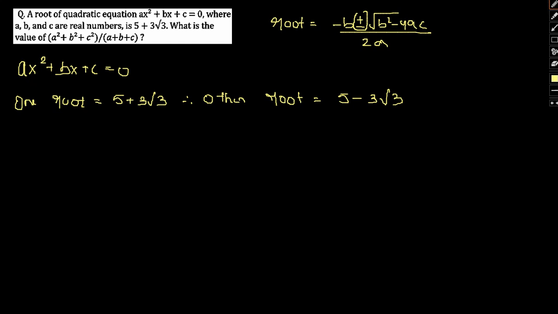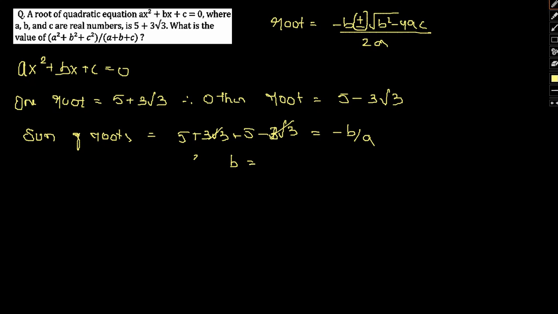Now we'll go with the sum of roots, that is 5 plus 3 root 3 plus 5 minus 3 root 3 is equal to minus b by a. Okay, this gets cancelled, so b will be equal to nothing but minus 10a.